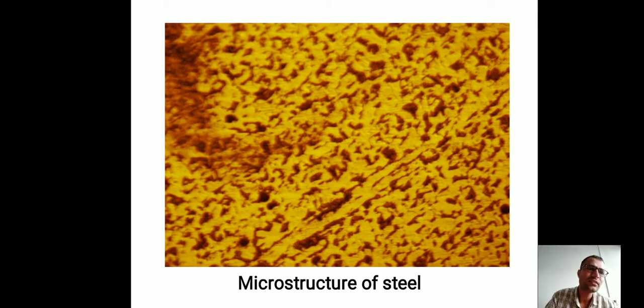Likewise, we can also check the microstructure of aluminum, and of aluminum alloys. We can check the microstructure of copper, and of copper alloys, in which bronze and brass are there. Correct na? Brass is a copper plus zinc alloy, bronze is a copper plus tin alloy. Correct?